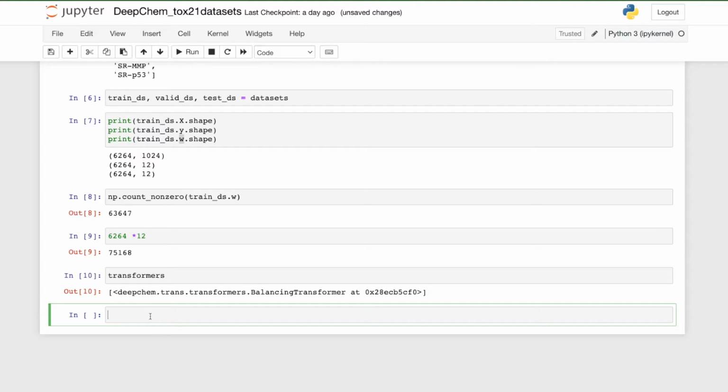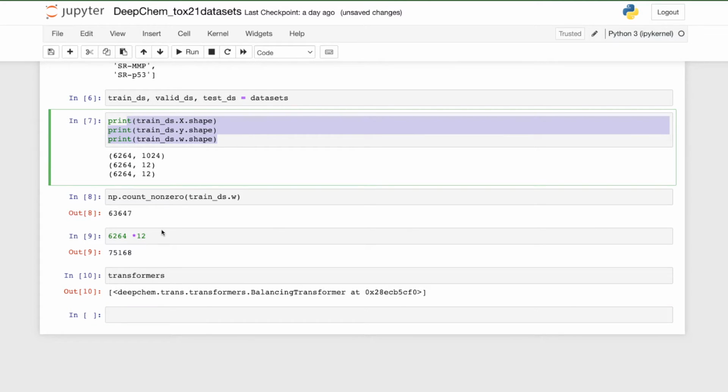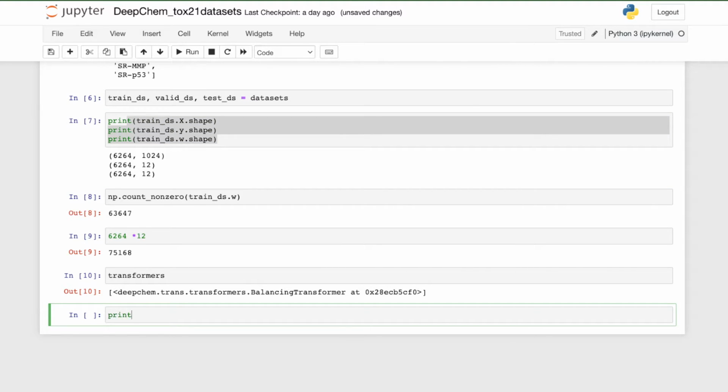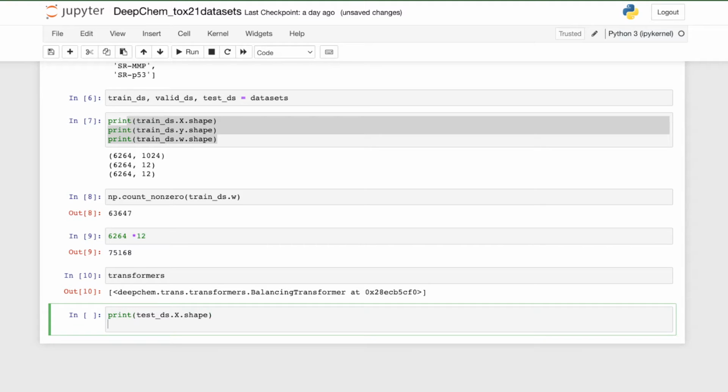Oh, okay. So let me print out the shape of the test data sets. We can print out the test data set's x variable shape, and we can have the test data set's y variable shape.